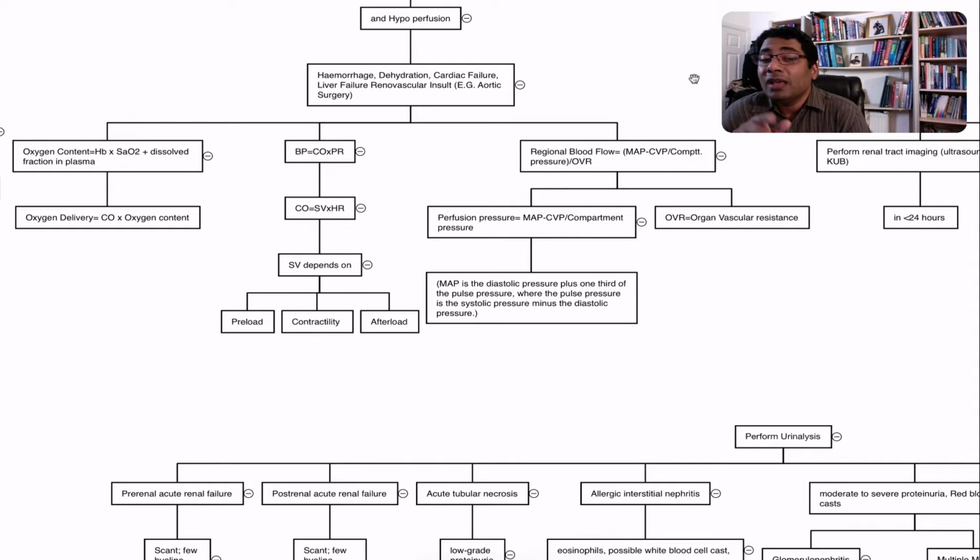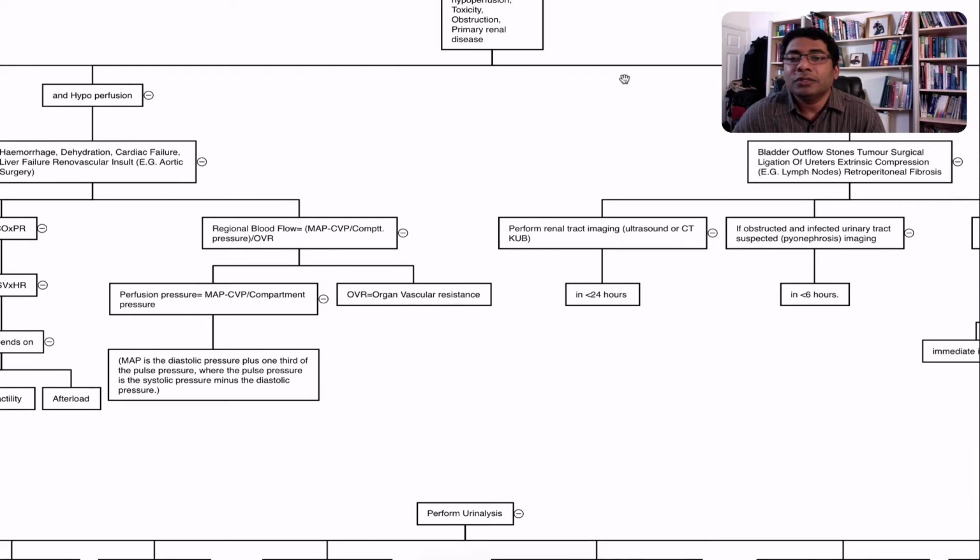Which means if the organ vascular resistance is high, like in hydronephrosis or other situations, blood may not flow adequately. Suppose the intra-abdominal compartment pressure is higher than the CVP, then the opposing pressure is the abdominal compartment pressure, and the difference in this pressure is what really drives the blood flow, which will not happen as well.